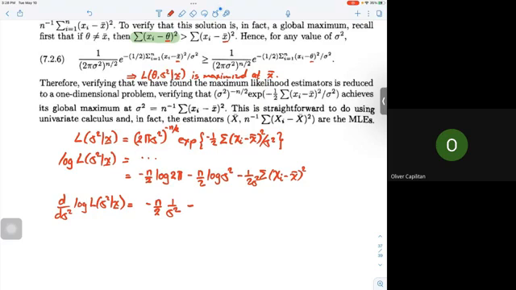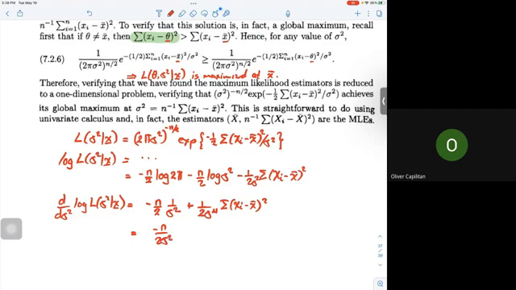So we have here positive 1/2, sigma to the 4, and then the summation of x sub i minus x bar, quantity squared. We equate this to 0.